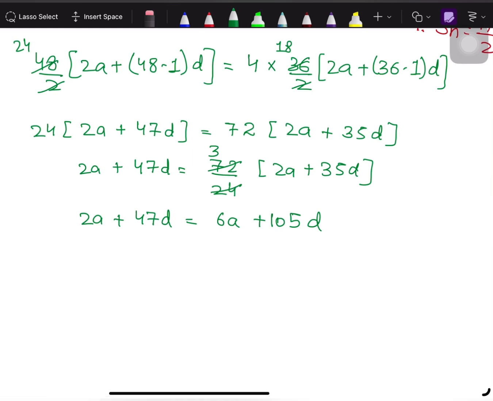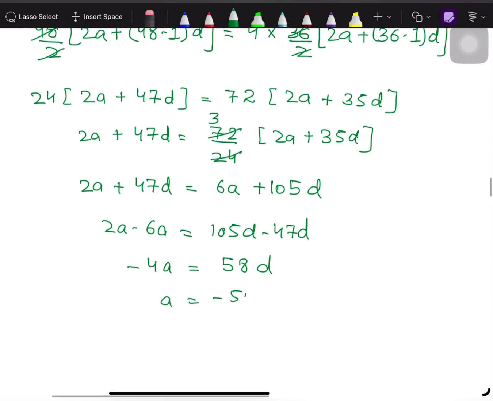If I solve further, I can get a relation that 2a minus 6a is equal to 105d minus 47d, and it will be negative 4a is equal to, if I subtract 47 from 105, I get 58d. Or in simple words, a would be equal to negative 58 upon 4 d.